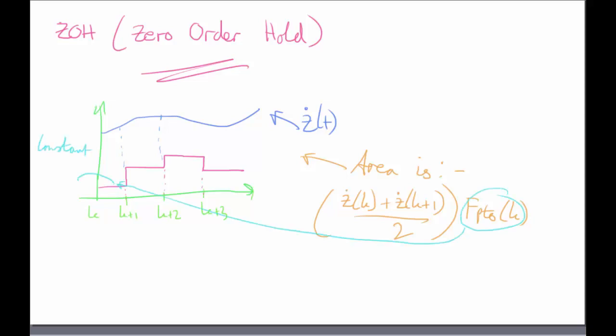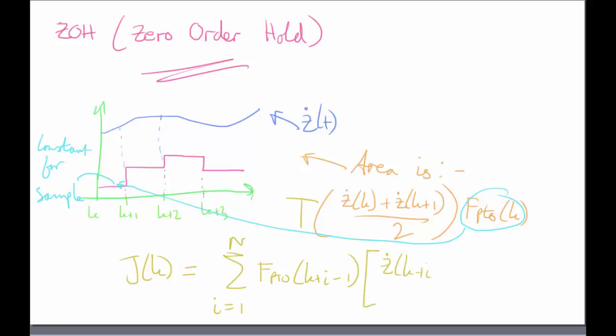And we have z dot k plus z dot k plus 1 over 2, multiplied by FPTO. And we multiply that by T, which is the sample time, where FPTO is constant for one sample. So since the velocity changes between the samples, we have to do that to get the perfect area. And we can represent the cost function as this value there.